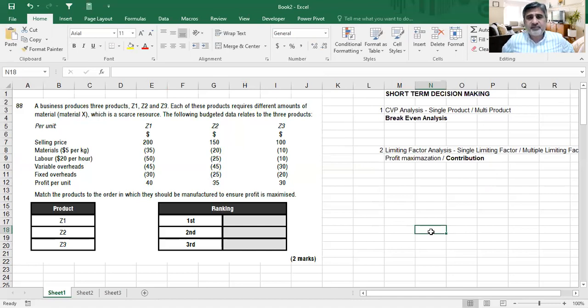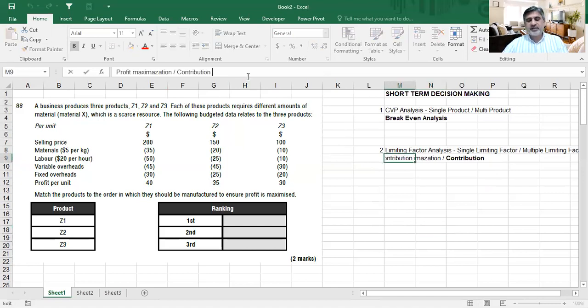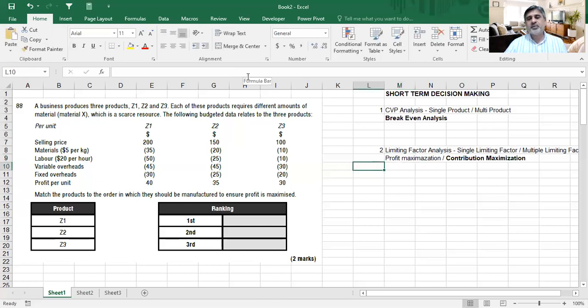I'm sure that you have watched that video. But the idea is that here the focus is on contribution maximization, because fixed cost remains same in the short run. Okay. So this is contribution maximization. This is your second topic from your decision-making section.